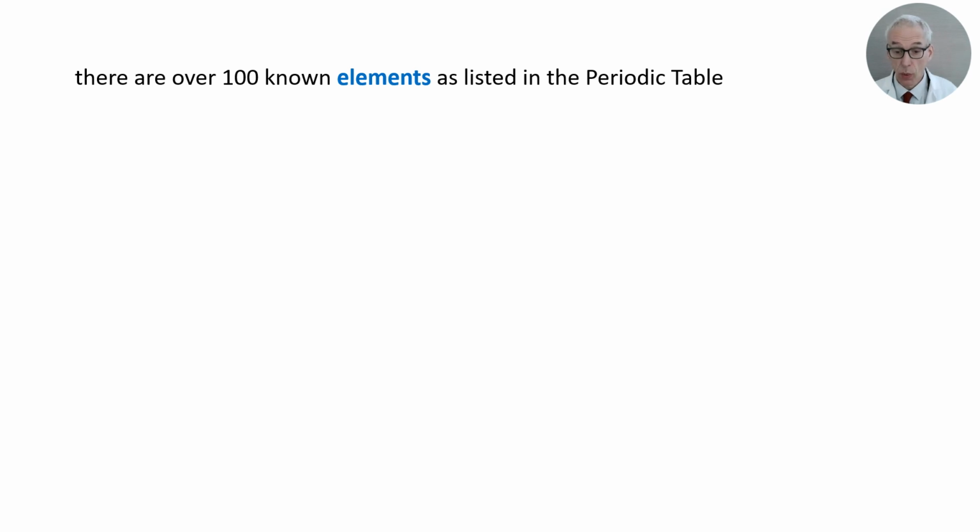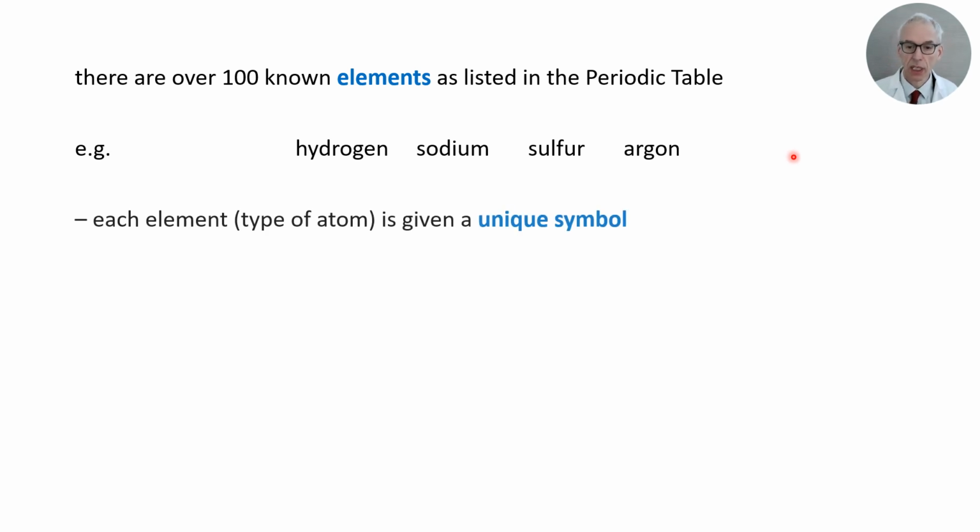There are 100 known elements as listed in the periodic table. I'm sure you're familiar with the periodic table. For instance, hydrogen is an element, sodium is an element, sulfur, argon. Each element is given a unique symbol. So each type of atom is given a unique symbol.